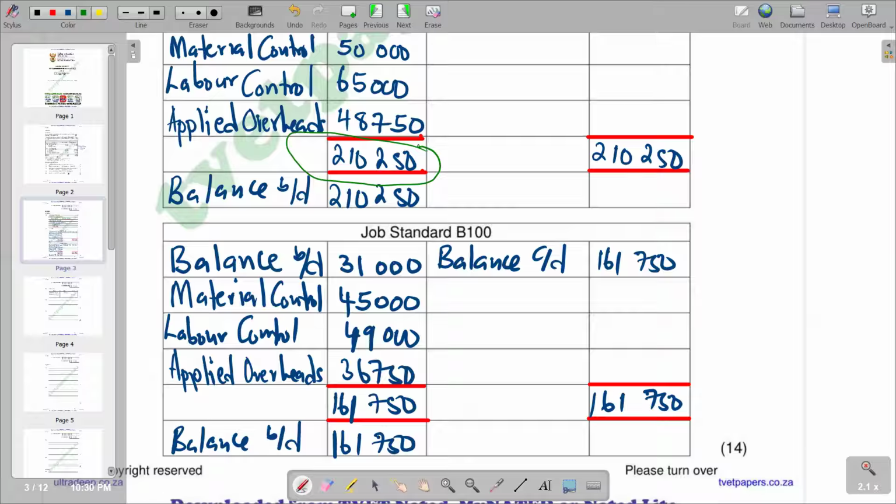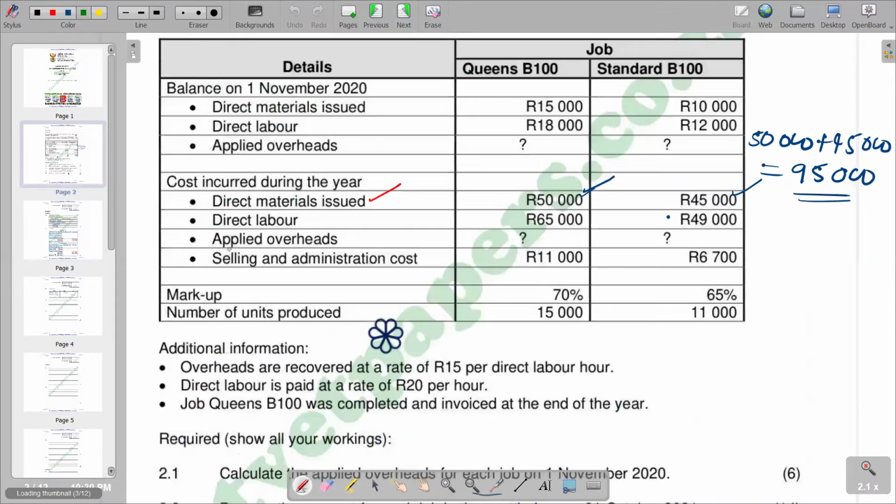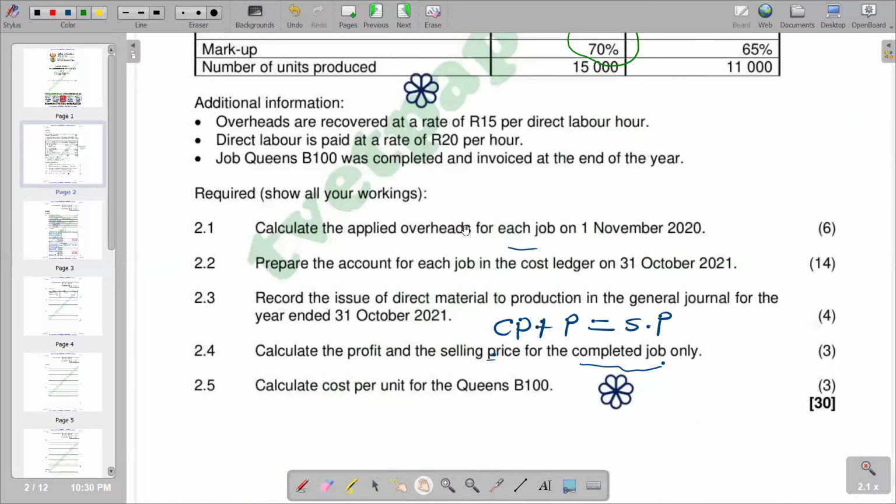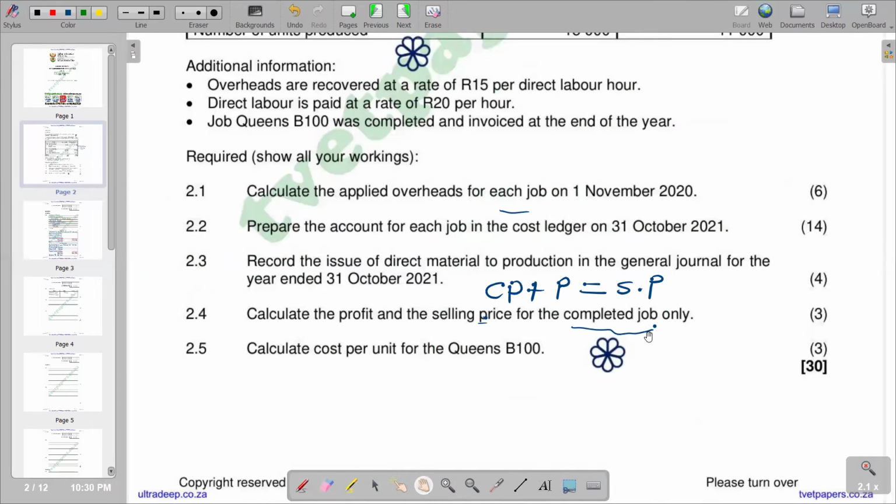And then we can add other costs. We've got other costs being selling and administration costs of 11,000 rand. Then if we add that, we get total cost. Then we can calculate the markup using a markup of 70%. Then we can get our selling price using the formula that we have here.